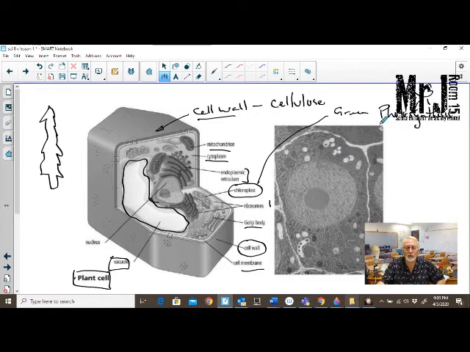Really, really important. Chloroplasts are not, however, a defining feature for plant cells. There are some microorganisms that also contain chloroplasts that are animal cells and not plant cells. The cell wall is the defining feature. Okay? So there we have our cell wall.